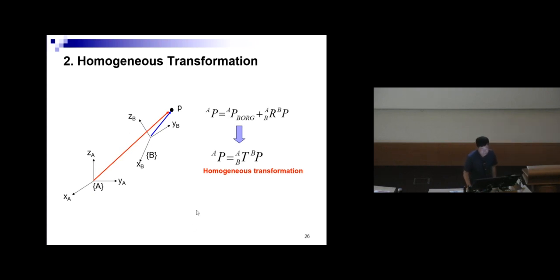So the next topic will be on homogeneous transformations. Same thing: if you are given the P with respect to the B origin frame, you want to know the PA, which is the coordinate of point P with respect to the reference frame.